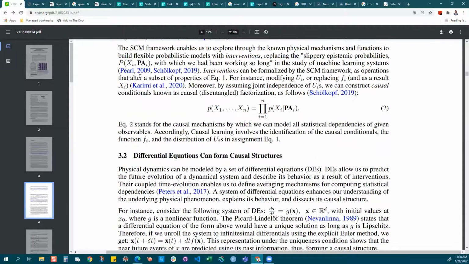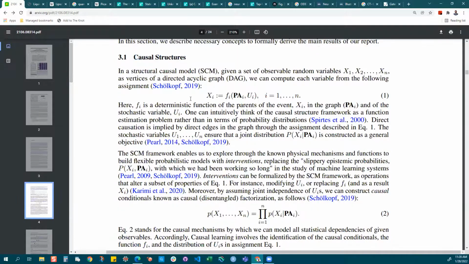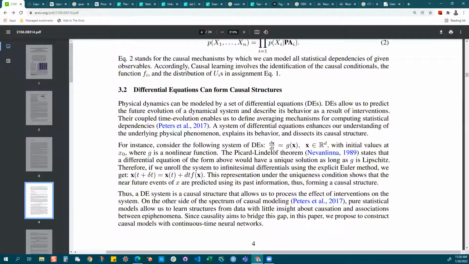Then after talking about causal structures and what they are, they talk about differential equations, which can form causal structures. This is not always true. Not every differential equation can form a causal structure. There are assumptions that need to be met, which they talk about as well.